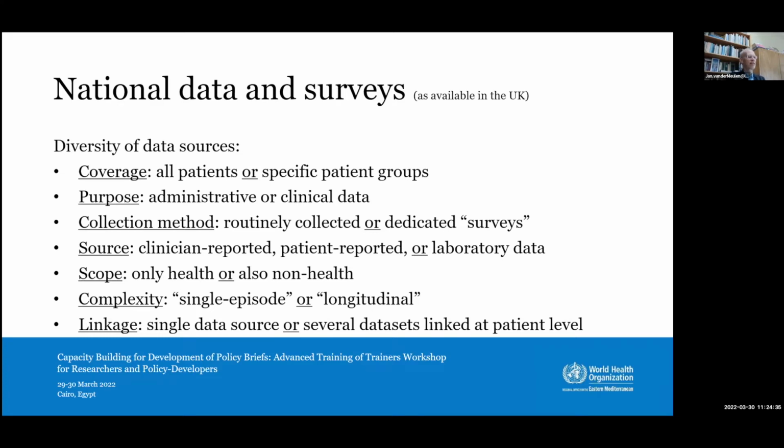And we now have data of the health service linked with data of school performance at national level, so that you can see to what extent children with congenital abnormalities and the care they get have different educational outcomes than their peers without these abnormalities or without these specific treatments.